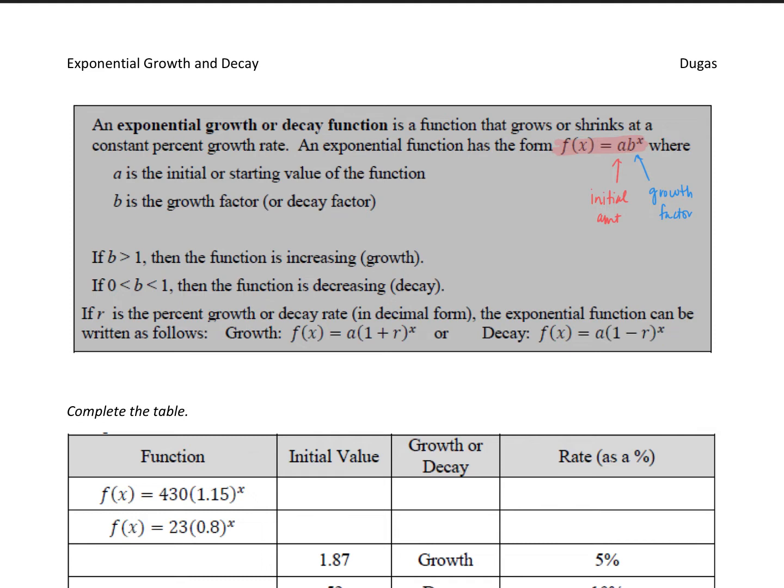If B is greater than 1, then the function is growing. And if B is less than 1 but greater than 0, so it's still positive, it's a proper fraction, then the function is decreasing, or it's a decay.